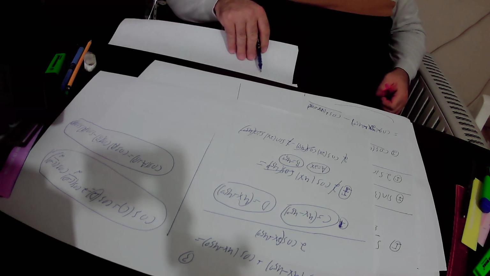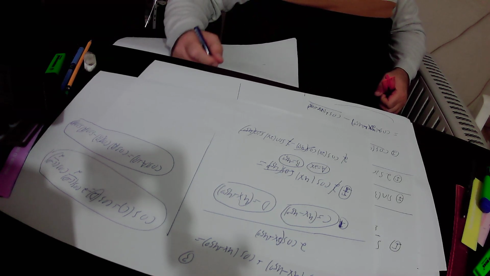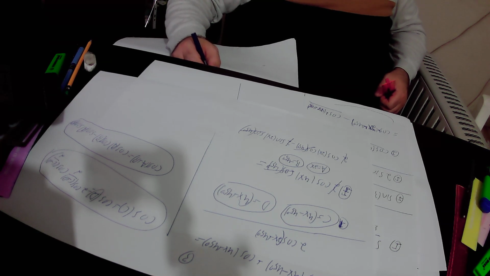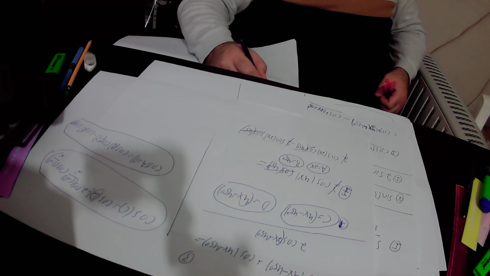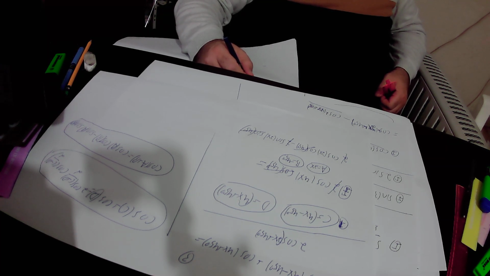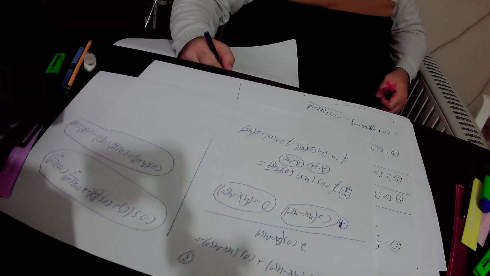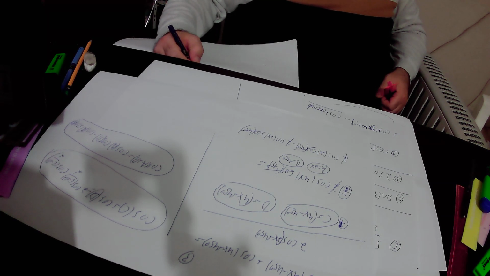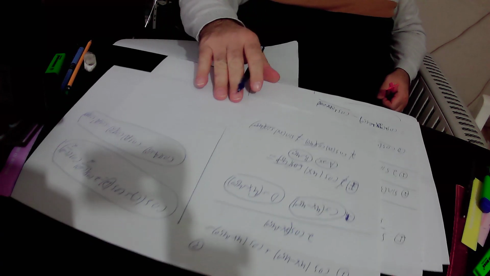And what is left from equation number 1 after we cancel 2 cosine 45 degrees? What is left is cosine 4x equals cosine 2x minus sine 2x. Okay?